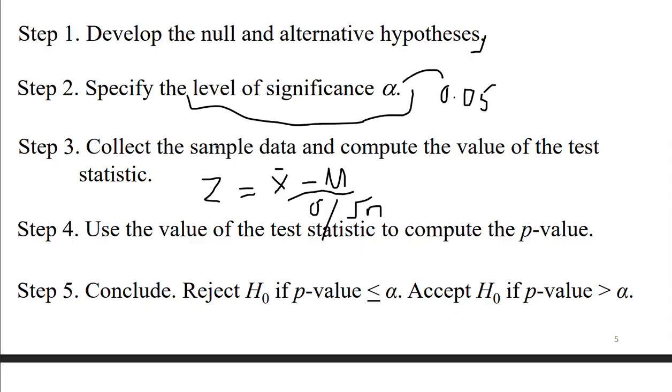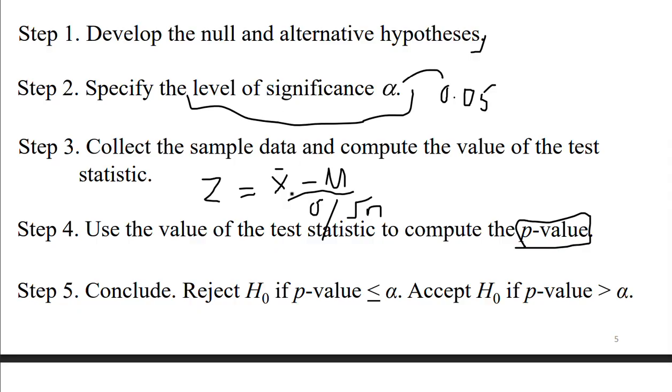And so once we find a z value, the next thing we do is to calculate what we call the p-value. This p-value here is the probability of us not rejecting the null hypothesis, assuming the null hypothesis is actually true. And so we calculate the p-value to give us the probability of not rejecting the null hypothesis.